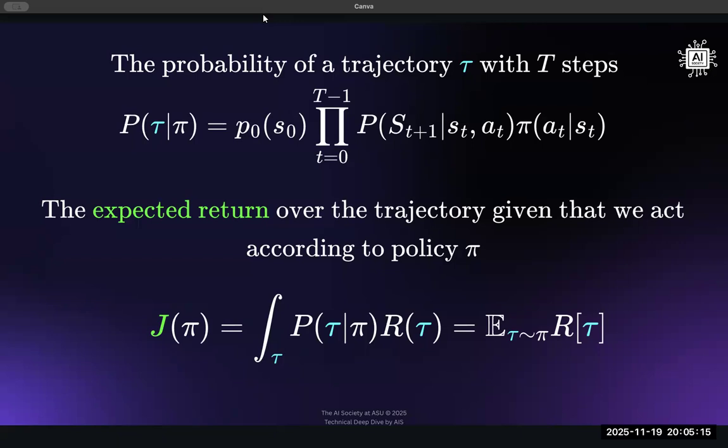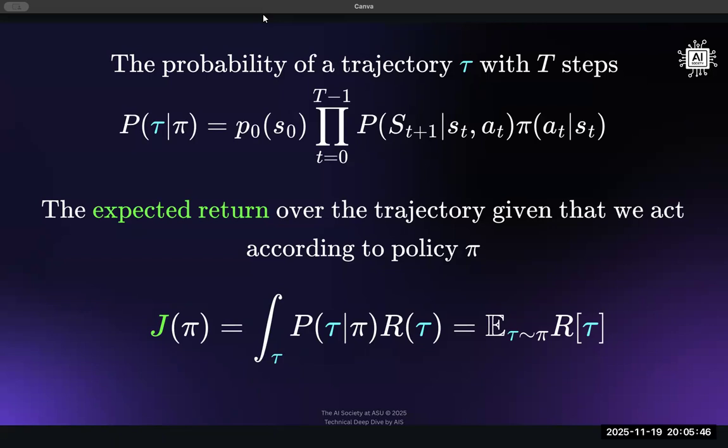And then we're going to use this to form an integral, which is just an average, a continuous average over all of the probability of the trajectory multiplied by the reward. So the reward is going to tell us the total reward of this trajectory over all states and actions. And it's just going to take the integral. So it's a continuous entity.